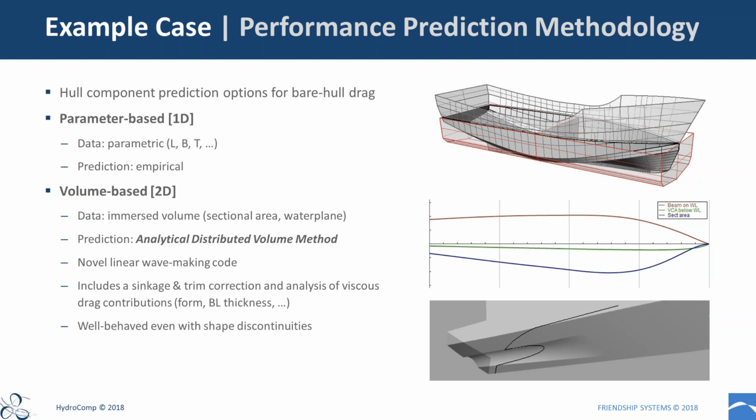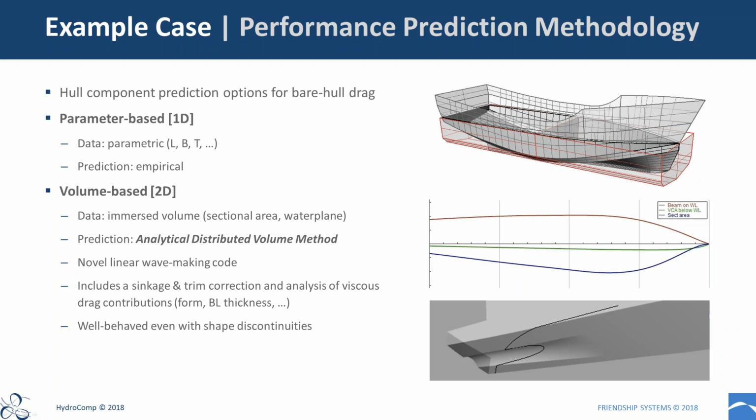Mattia mentioned how they are capturing distributed volume data and other parametric data of the hull form and passing that into NavCad. Well, the kind of data that is used, I wanted to describe the two component prediction options for bare hull resistance here as a way to introduce you to the idea of 1D parameter-based predictions and 2D volume-based predictions.